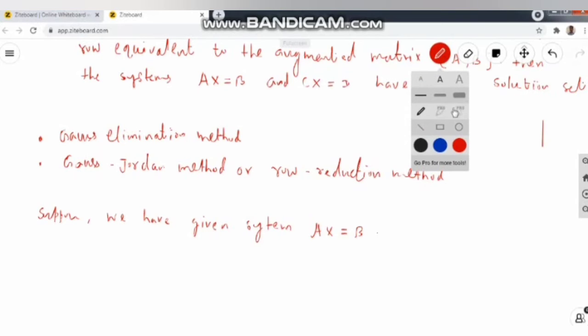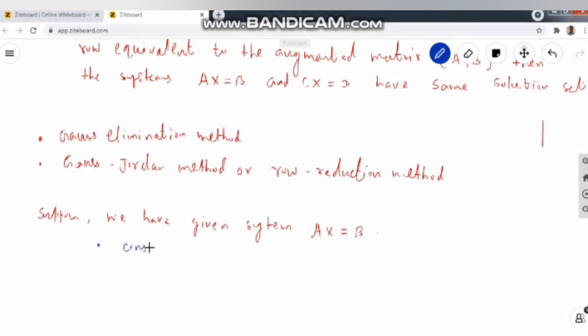I'm writing the steps in brief. That means, first of all, we need to construct the augmented matrix for the given system of linear equations. This is the first step.